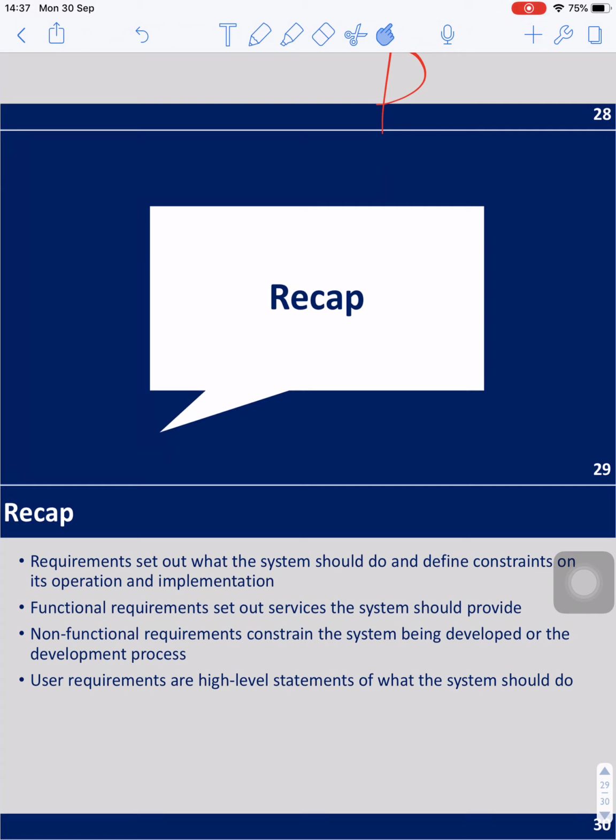A quick summary recap: requirements set out what the system should do and define the constraints on its operation and implementation. Functional requirements set out the services the system should provide. Non-functional requirements constrain the system being developed or the development process.